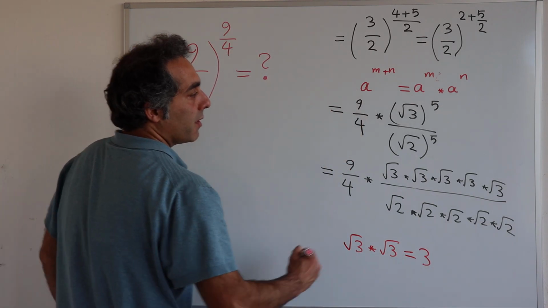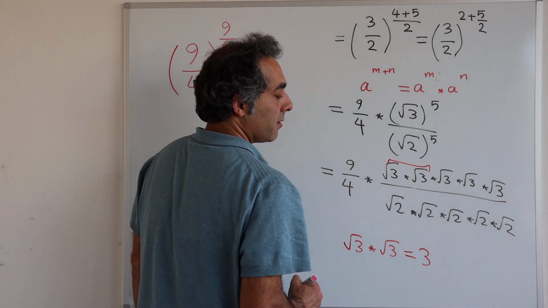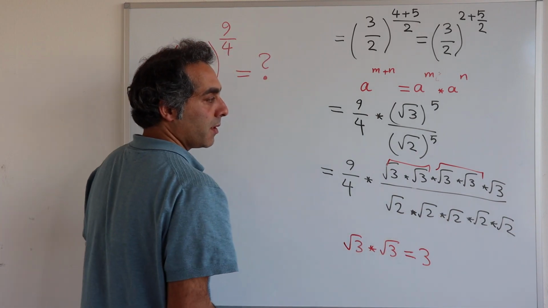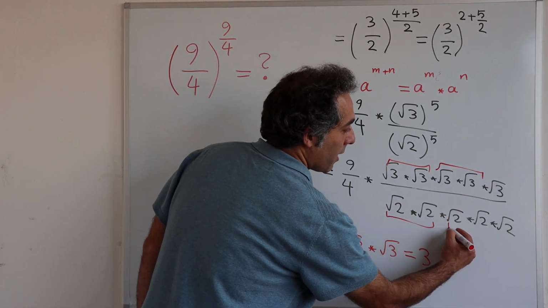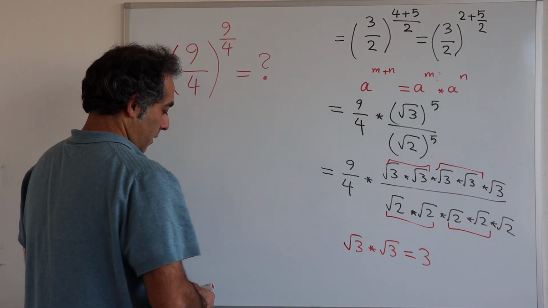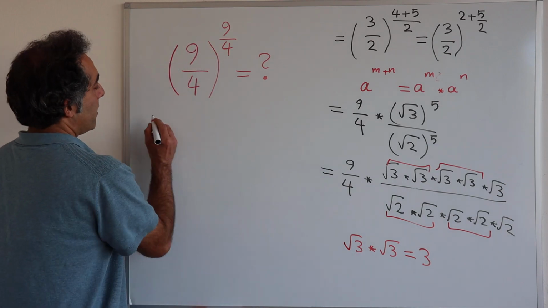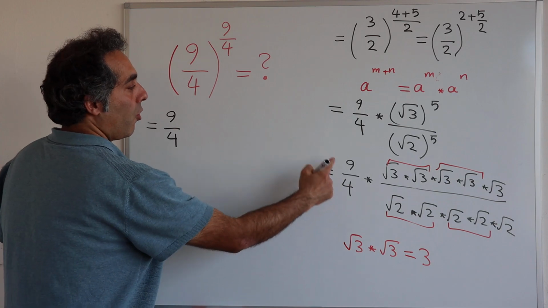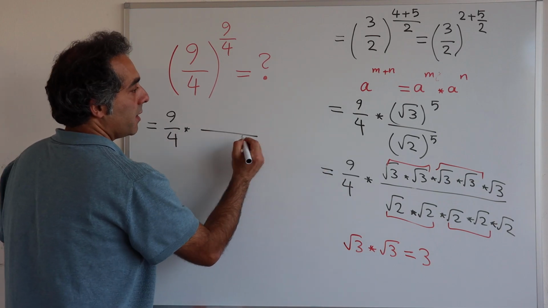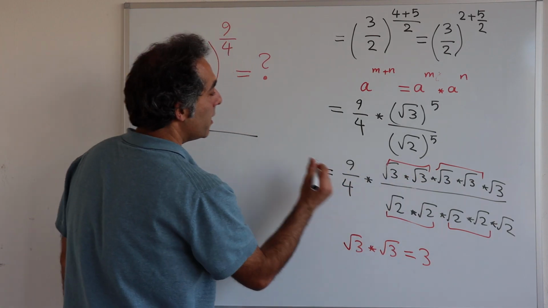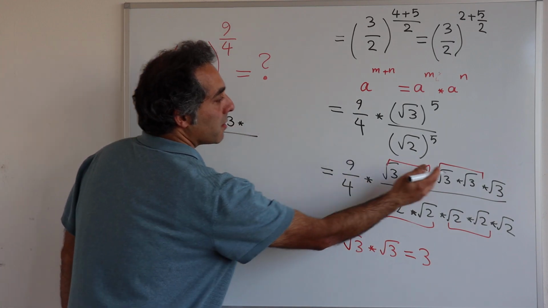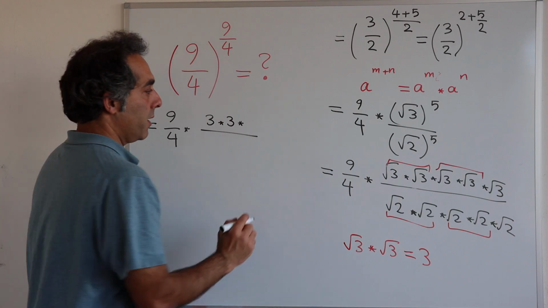So we have one time here and one time here. So the answer: 9/4 times, this one is 3 times 3 times, and this one just a single one.